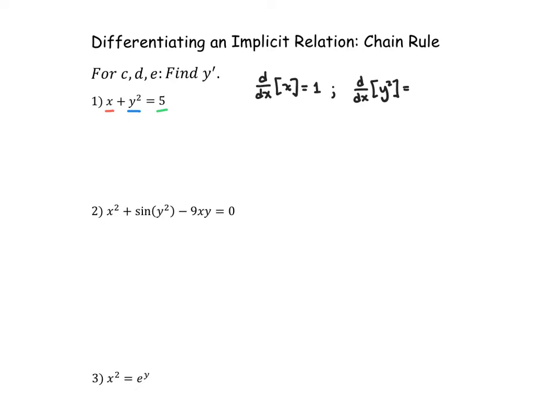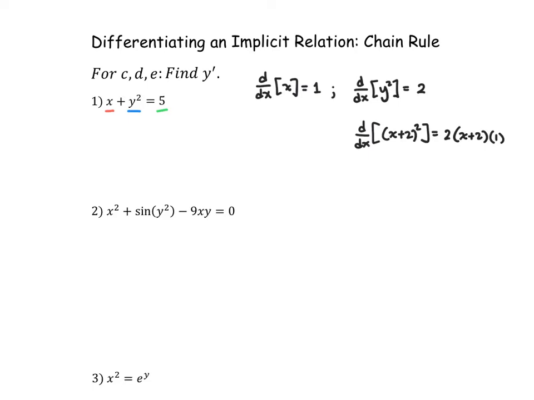So I'm going to differentiate y as if it were a function of x. For example, if I were to differentiate the expression x plus 2 squared, I would use the power rule, which would make this 2 times the quantity x plus 2 times the derivative of the inside, which would be 1. I'm going to use the same process here for taking the derivative of y squared.